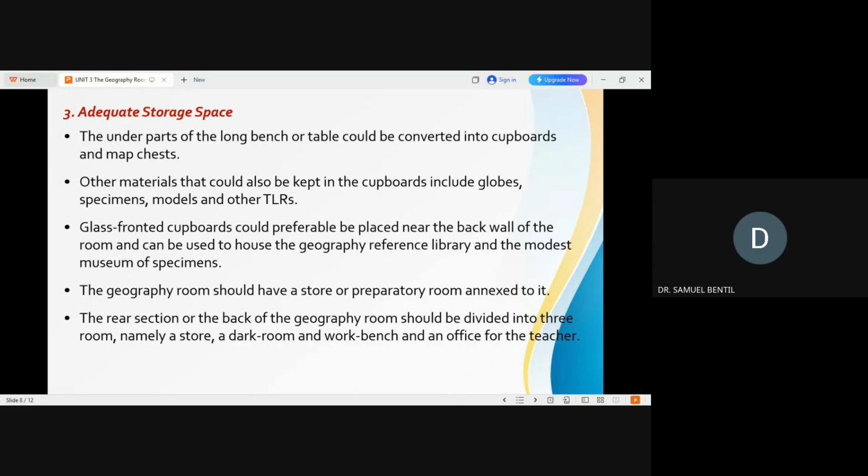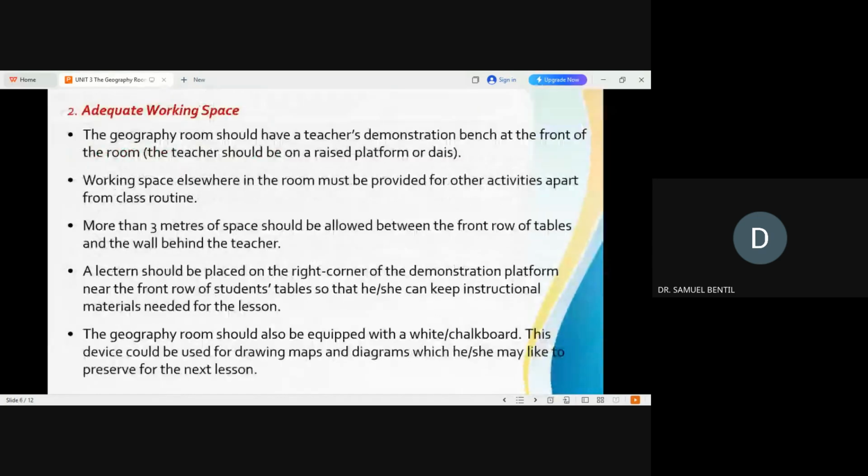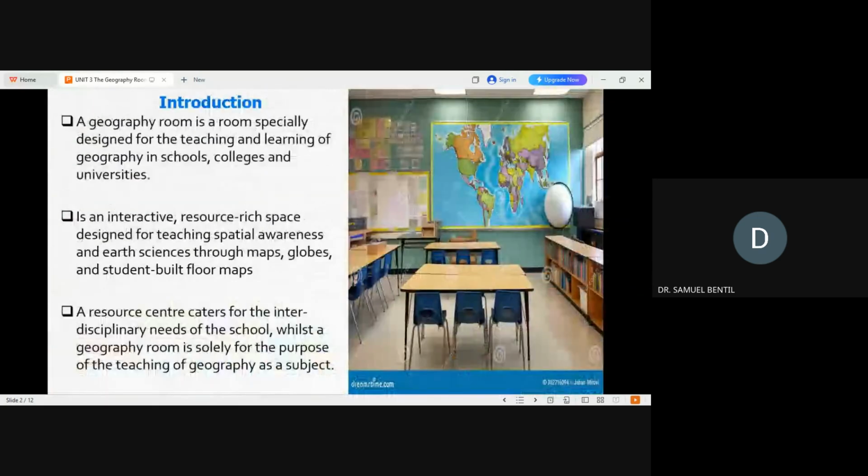Now here we are saying that under the long bench or the table, it could be converted into cupboards and map chests so that you can keep your textbooks and your maps and those things under it. Other materials could also be kept in the cupboard, which include the globes, specimens, models, and other teaching and learning resources.